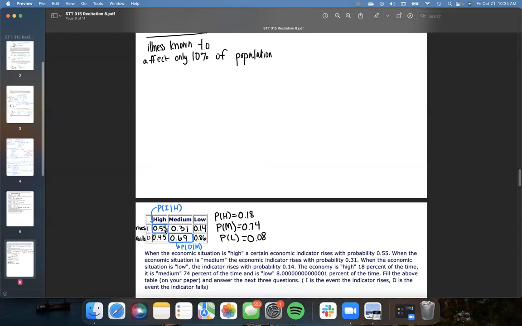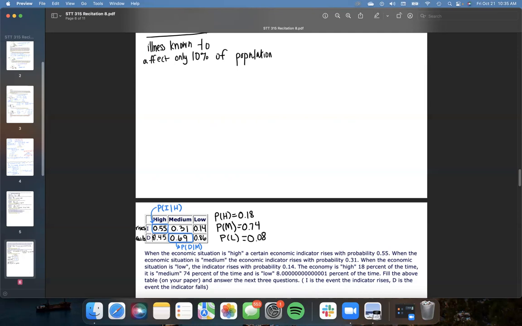Then 0.31 is when the economic situation is medium and the indicator rises. And then here, we have 0.14 for where the indicator rises and the situation is low.